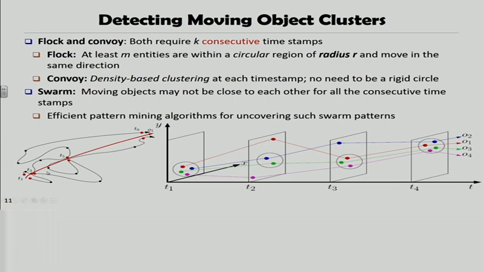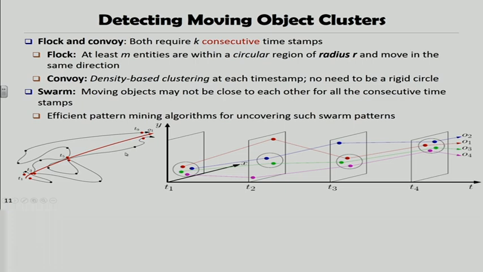That means she allows at certain snapshots, they could be very far apart. Then as long as you take those snapshots, you find there are a good proportion of them, they move together. In the middle, you probably can see they could be far, sparse.